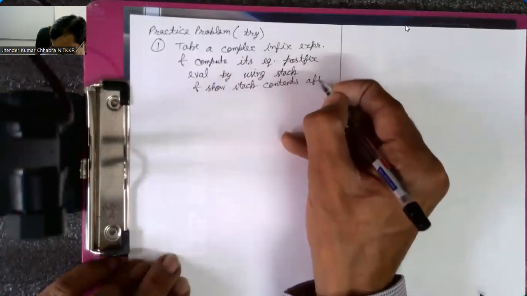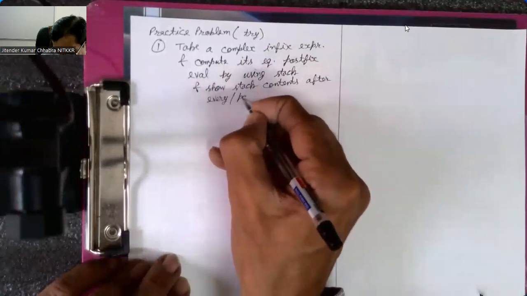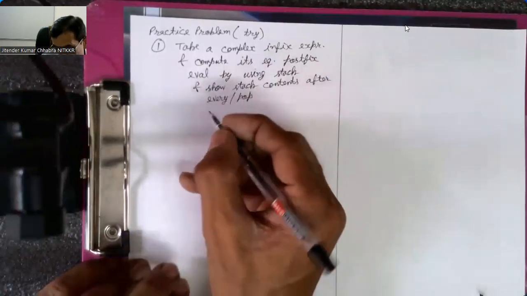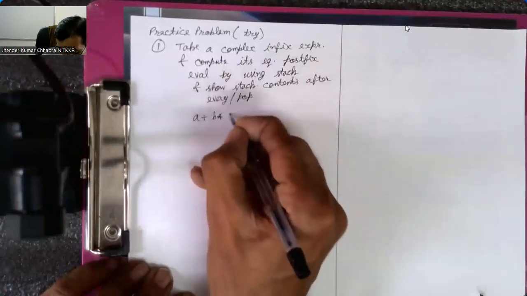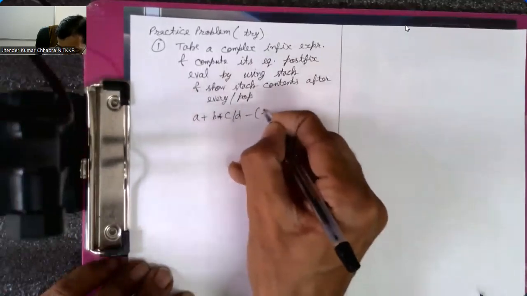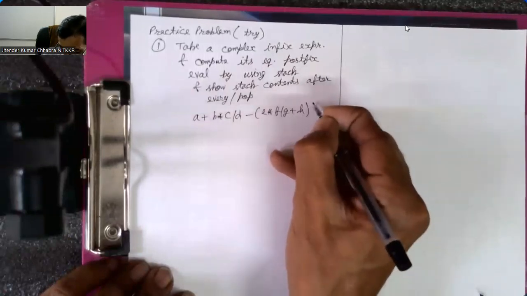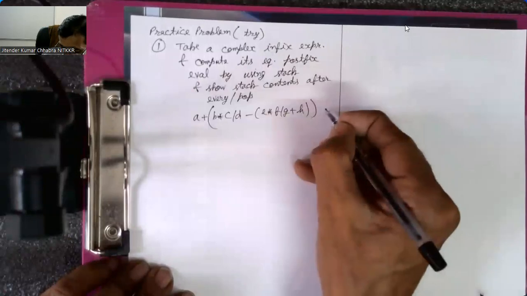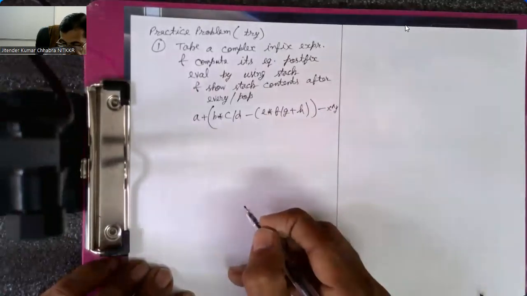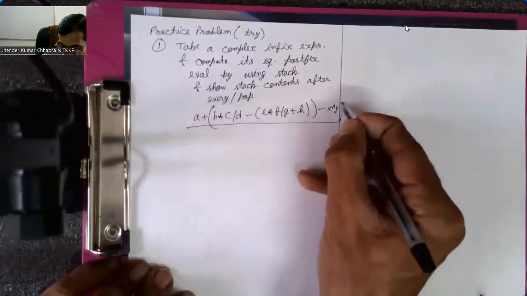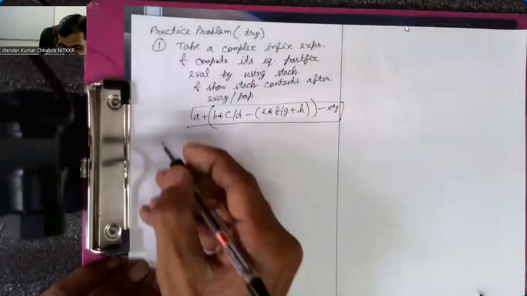Show the stack contents after every push or pop. Means I'm expecting you to have some complex infix expression, let's say a plus b star c slash d minus e star f slash g plus h bracket closed, and then some more brackets, minus x power y, something like this. Try to calculate the corresponding process so that your process becomes clear to you, not programming expected.